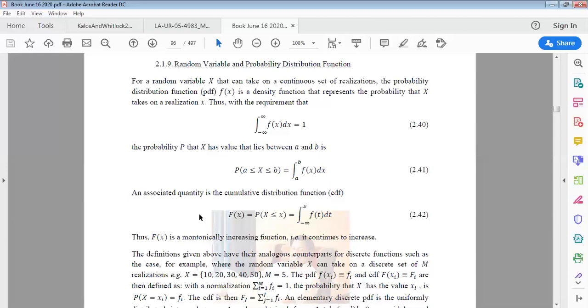Now, an associated quantity with the PDF is what we call the cumulative distribution function. The word cumulative means to add, accumulate. If I were to talk about a cumulative distribution function, I'll say how many students in your university are less than or equal to 22 years.